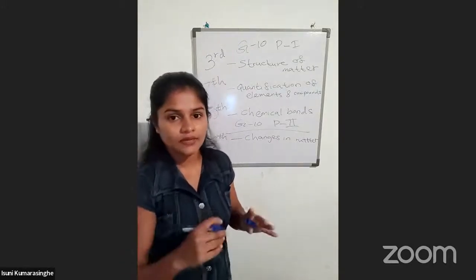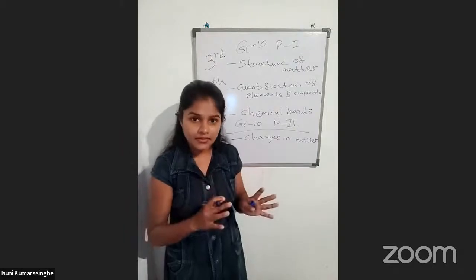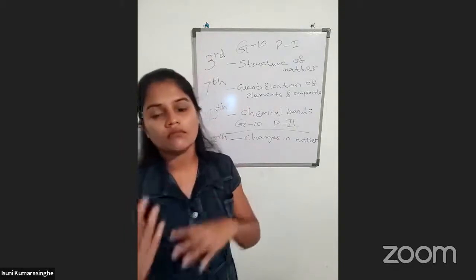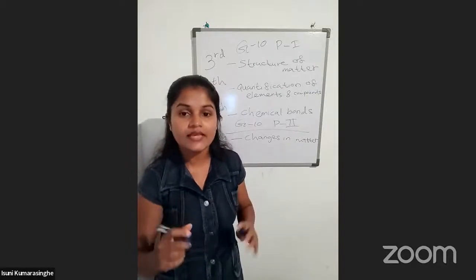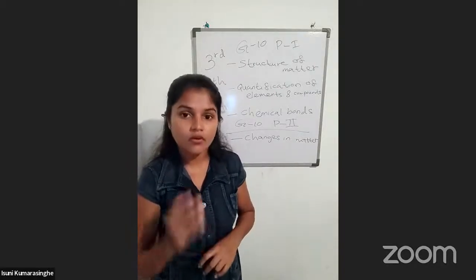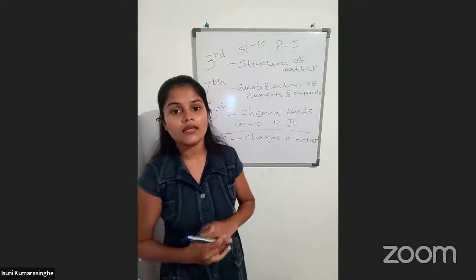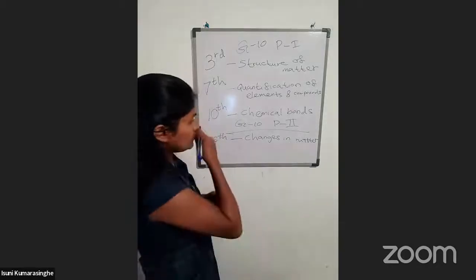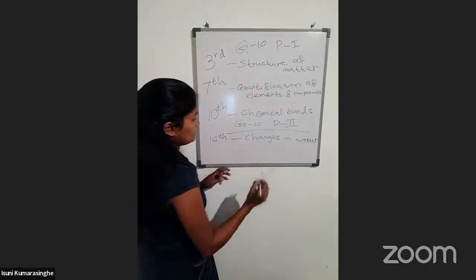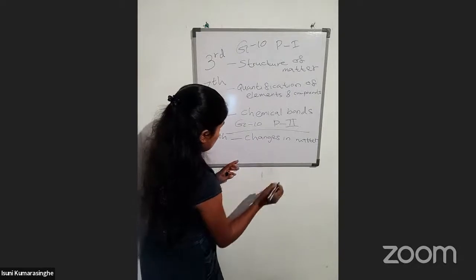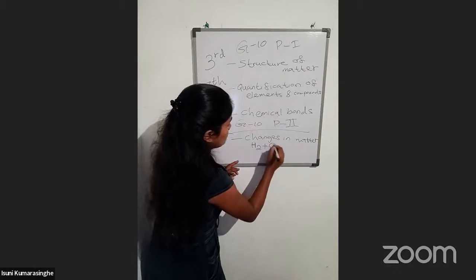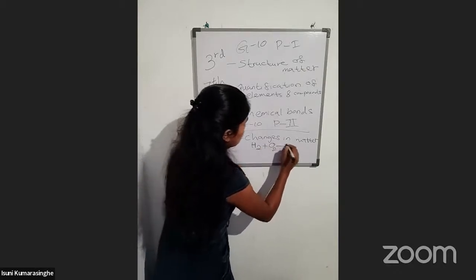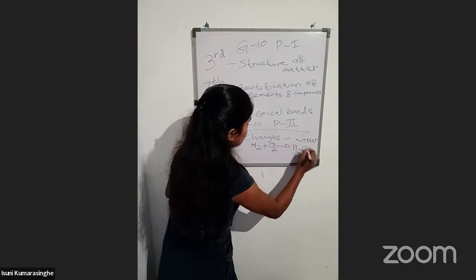In chemistry, reactants combine to form products. So we write this in a proper, chemical way. We call this a chemical equation. Let's say, for example, hydrogen reacts with oxygen to form water.